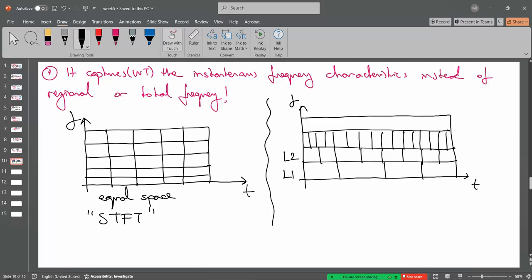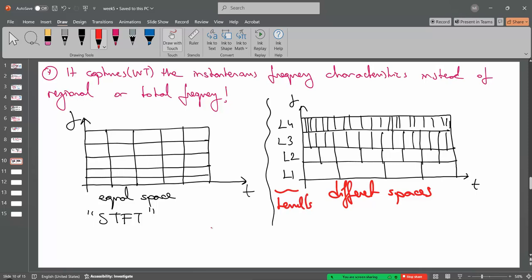And so, in each case, just see that we divided by 2 times more than before. Okay? And so, this creates the different spaces, and also different levels in here, which is called the wavelet. At the same time, we catch the instantaneous frequency for a given signal.